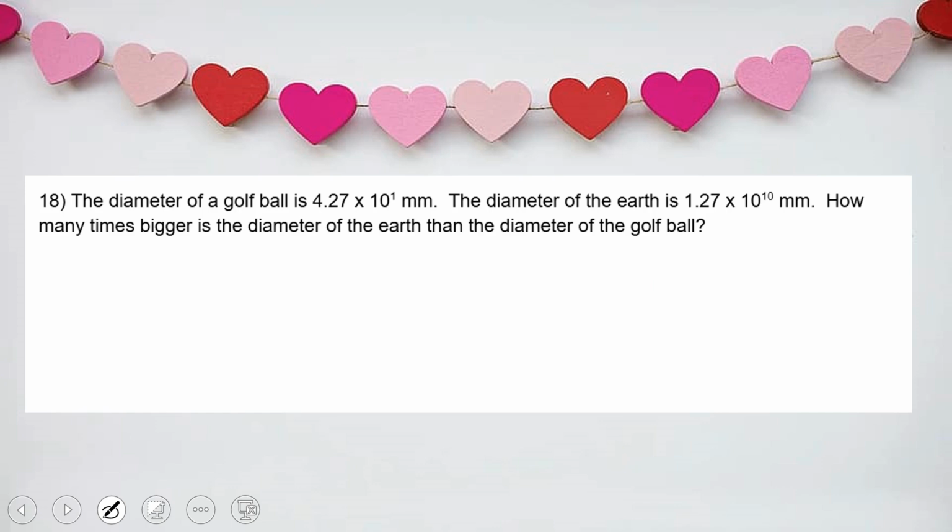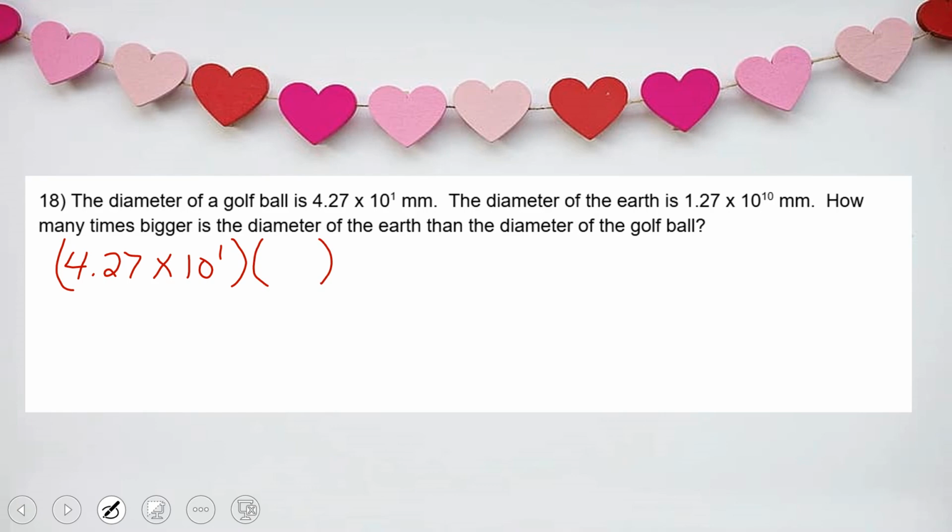There are a few ways to set this up, and the one that makes sense to me is, I'm going to take the golf ball, 4.27 times 10 to the 1st. And I'm going to multiply it by my unknown.